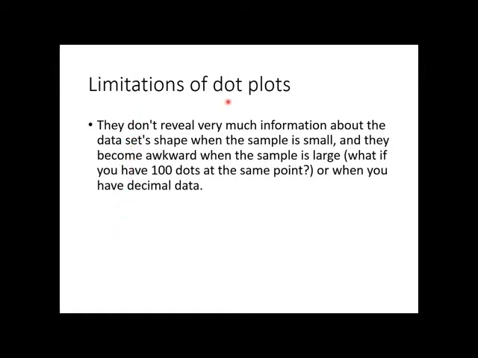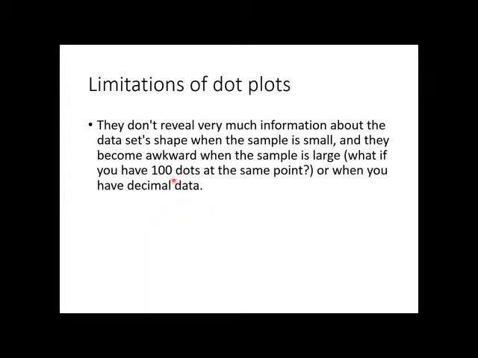But the dot plot has limitations. It doesn't reveal very much information about the data set's shape when the sample is small. If the sample is small, the dot plot doesn't work well, and it becomes awkward when the sample is large or when you have decimal data.